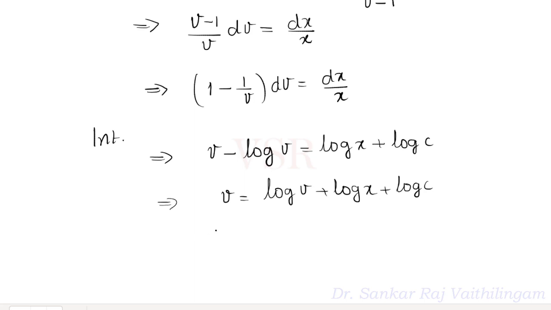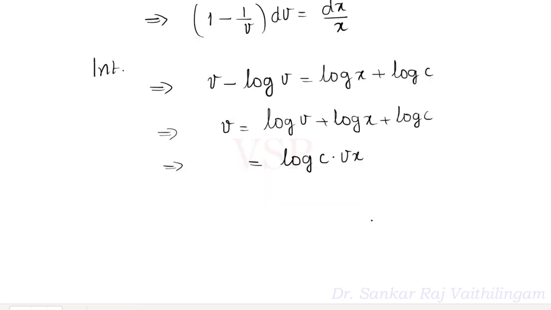So this implies that இது ஃபுல்லா ஒரே லைன்ல எழுதிட்டோமா, so this is equal to log of c times vx. So this implies that இது v க்கு பதிலா என்ன பண்ணிக்கலாம், this is y by x, which is equal to log of c. இது vx க்கு பதிலா என்ன பண்ணிக்கலாம், y போட்டுக்கலாம்.